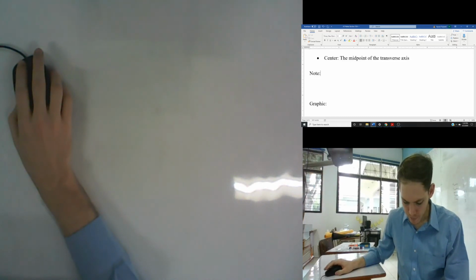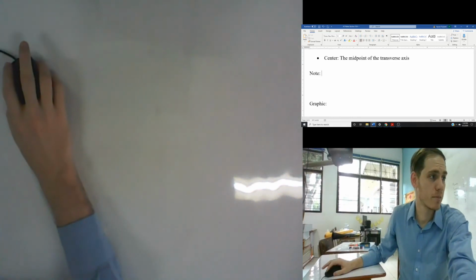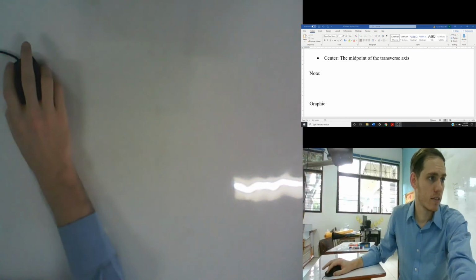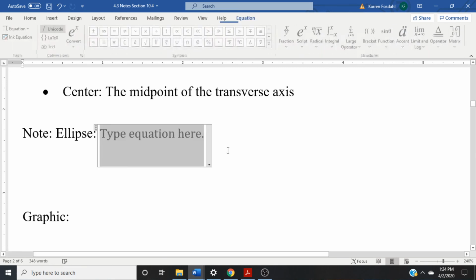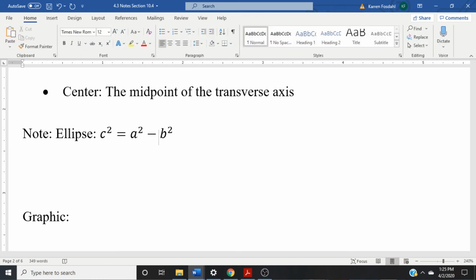So, in ellipse, actually let's blow this up again. Apologies, this just takes a second. Okay. And an ellipse has the formula c squared equals a squared minus b squared. Okay? That's an ellipse.